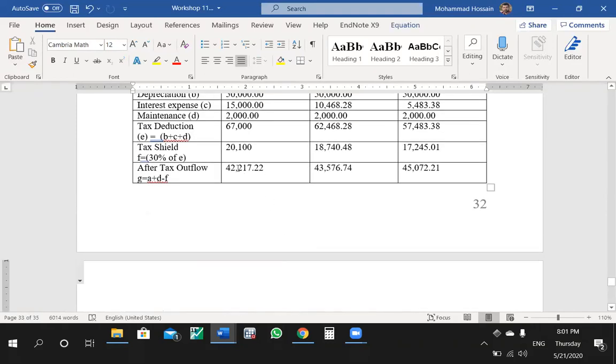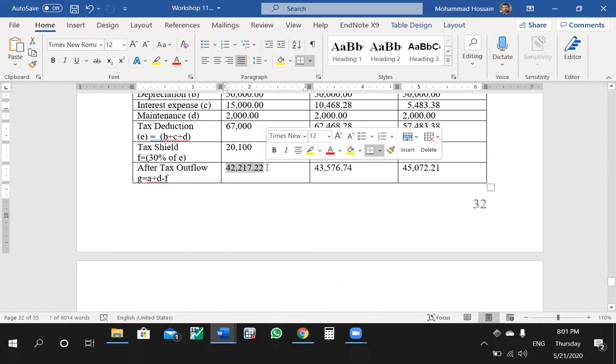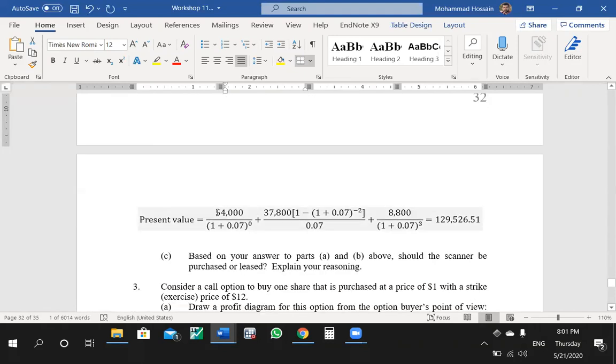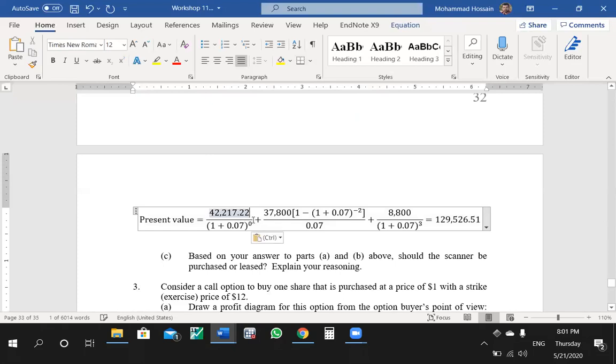It will be these three numbers, discounted at 1.07.